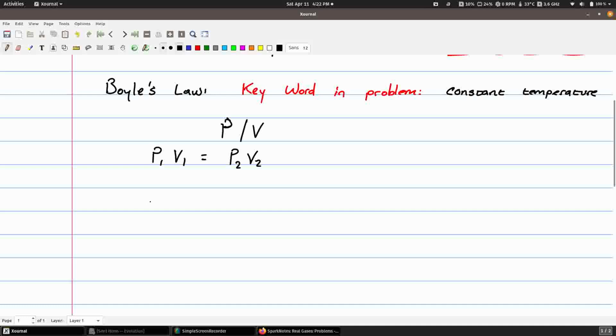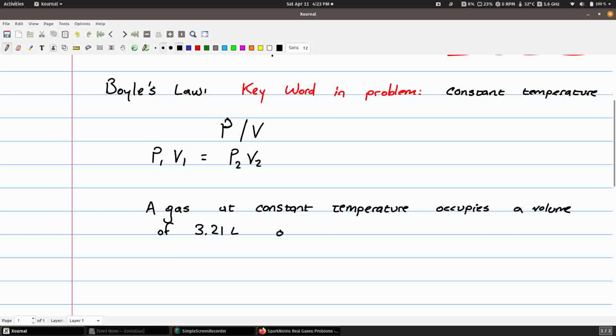So say we have a gas at constant temperature occupies a volume of, we'll say, like 3.21 liters at a pressure of, we'll say, 5 atmospheres.